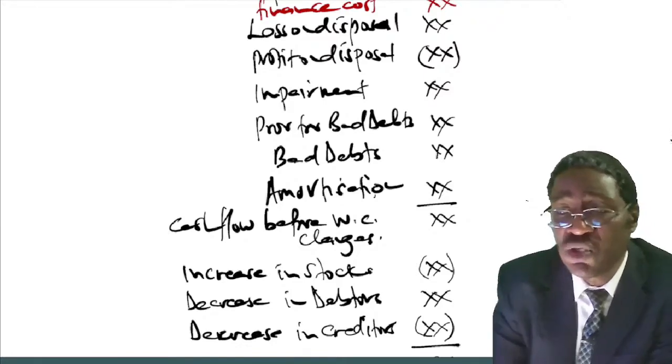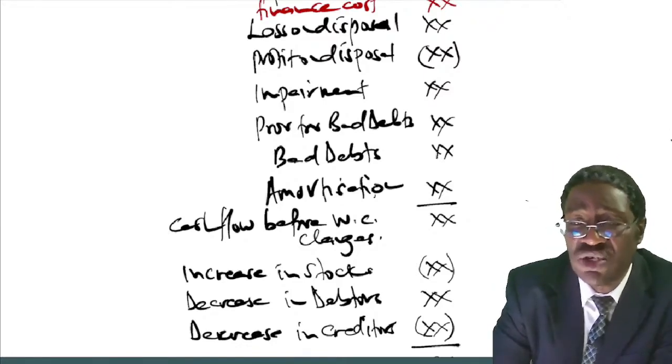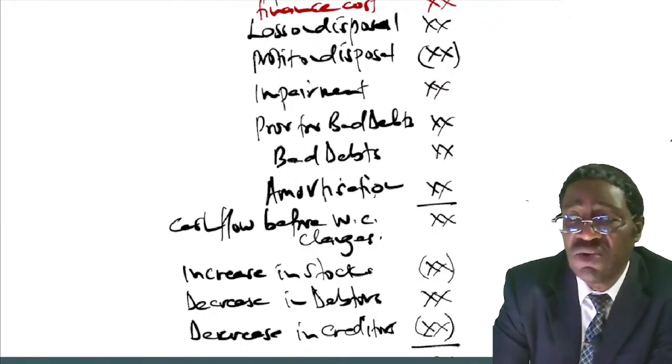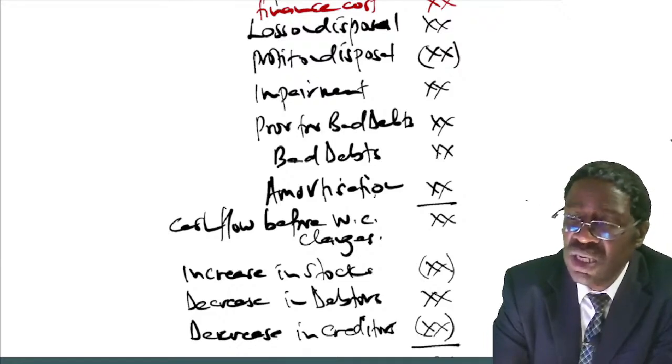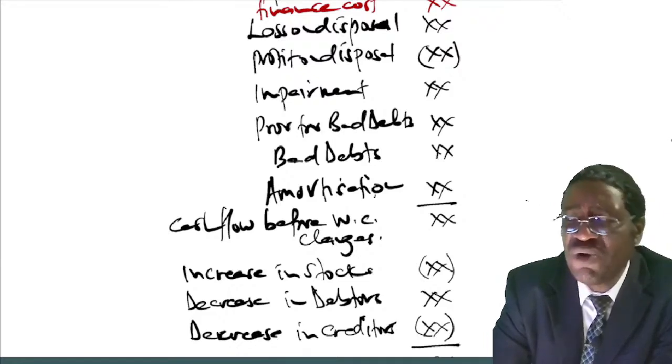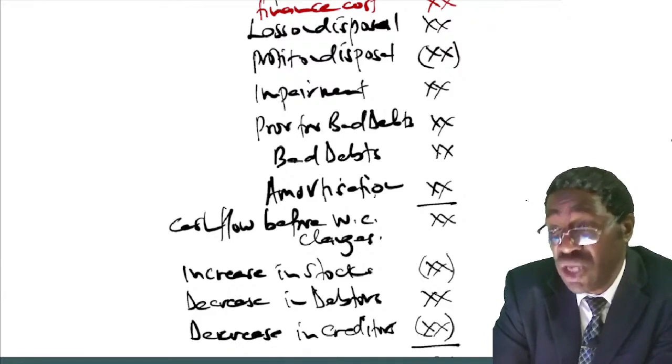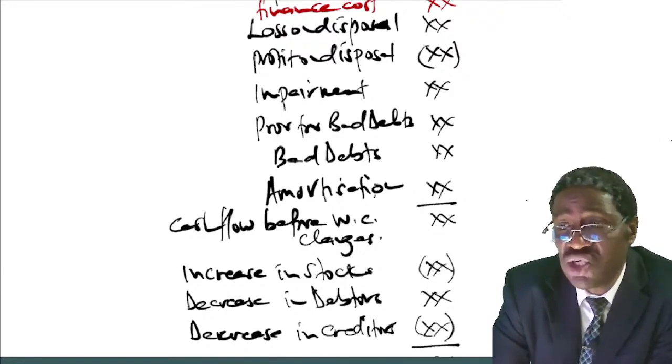We were at the point of amortization. Now I've got the totals. I said once you identify the non-cash items, get the total. And that's what we were calling cash flow before working capital changes. And I told you, you get the working capital items from this illustration.